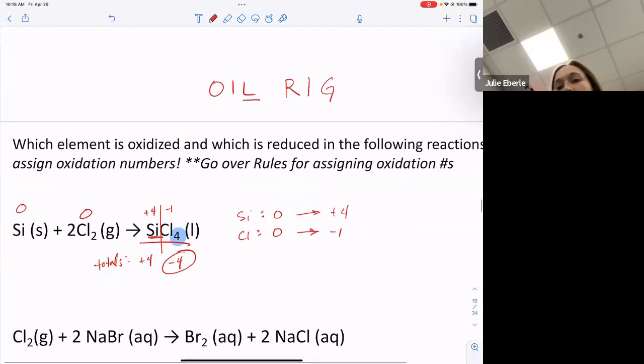So which one's losing electrons? Chlorine? Chlorine is becoming more negative. Its oxidation number is being reduced. So silicon is oxidized. If you're losing electrons, you're becoming more positive. You're giving away things that are negatively charged. And so chlorine is reduced.